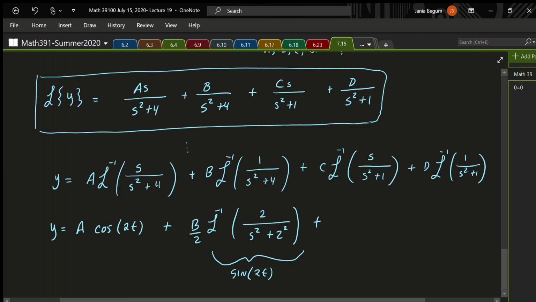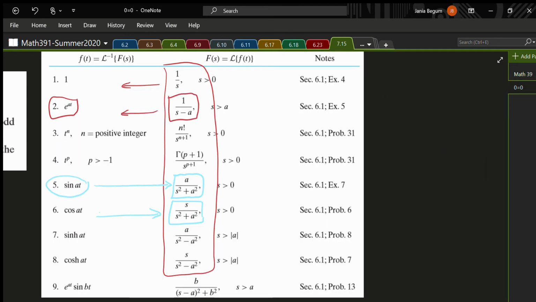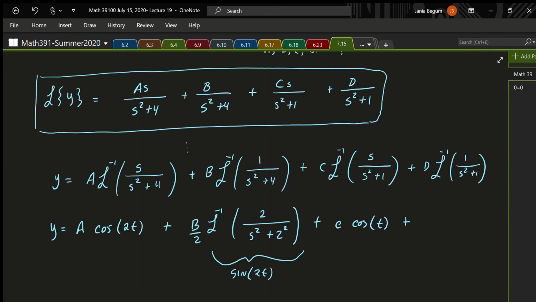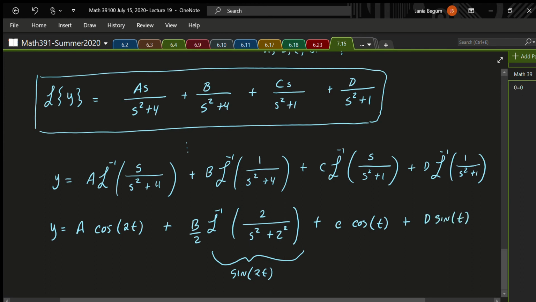So this would be cosine of 1. So we have c times cosine of 1t. Now what about the last one, 1 over s squared plus 1? Which one does that look like? That looks like sine, right? Because here you can say a is 1. So this would be d times sine of t.